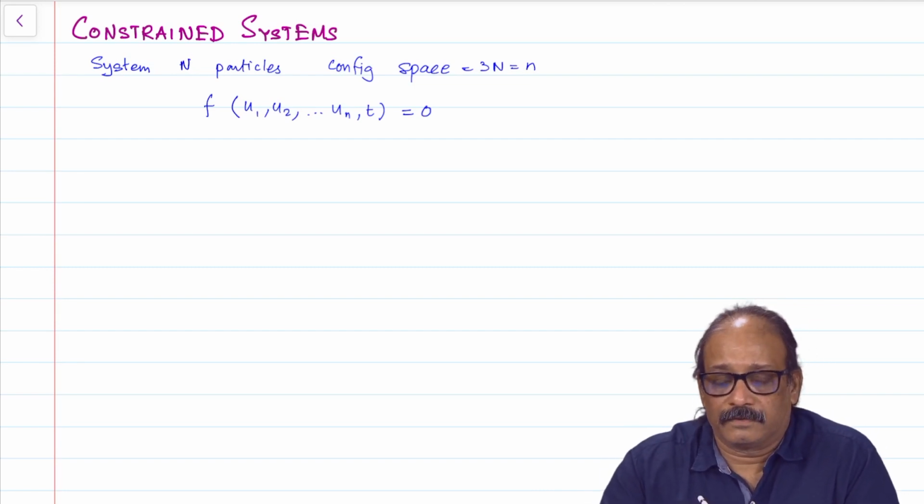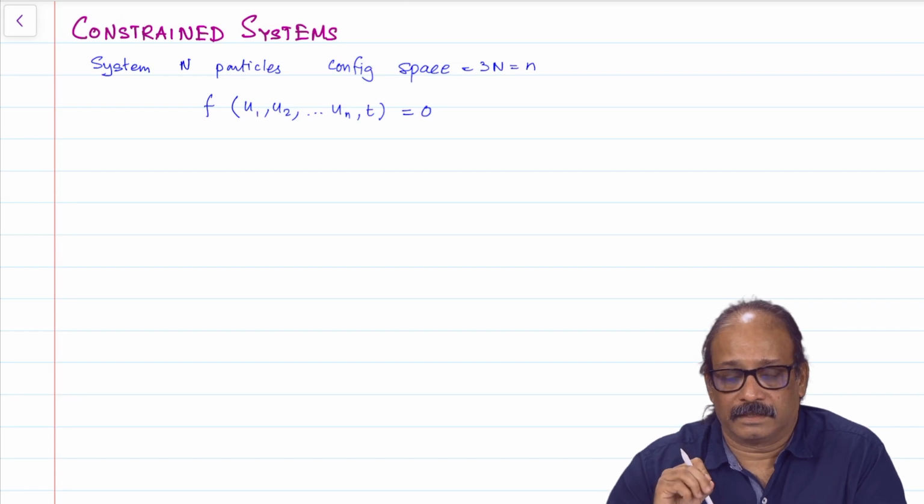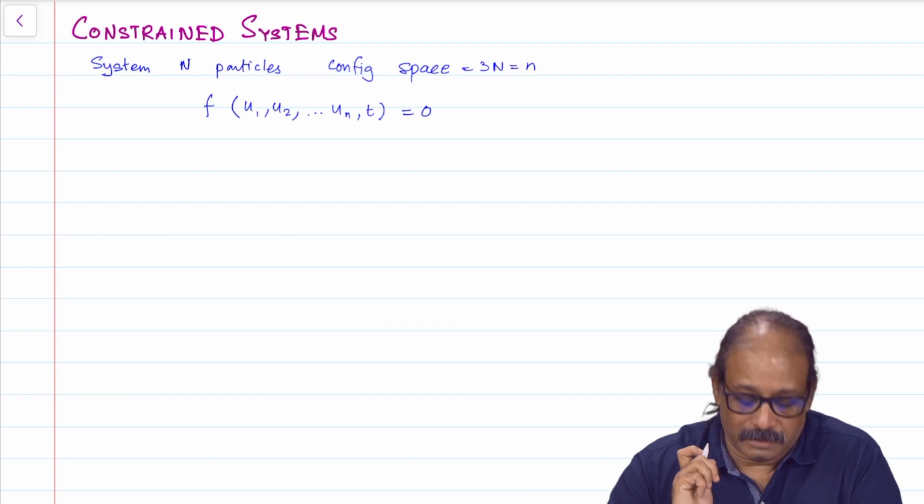Now, what is the effect of a holonomic constraint on the motion of the point in configuration space is what we want to see. I will start with just one particle first.